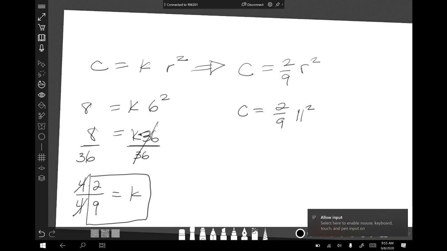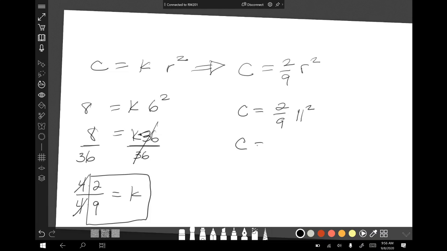Okay. Sorry about that. We had found 2/9 for k. We put that into our same equation as before. Now the new radius is 11. So 11 squared is 121. If you double that, it's 242.